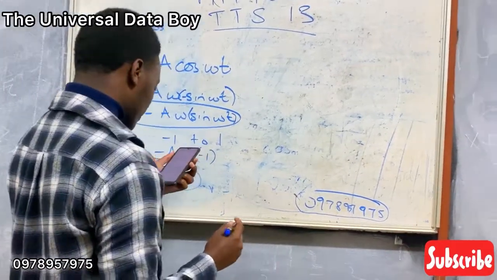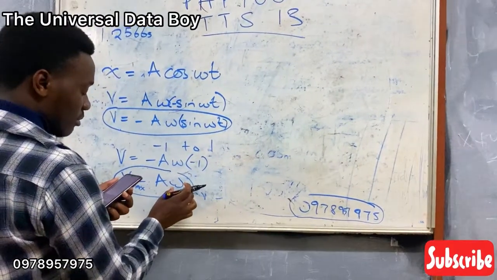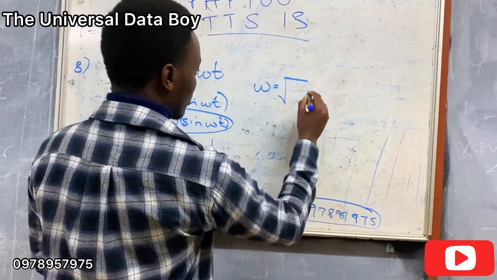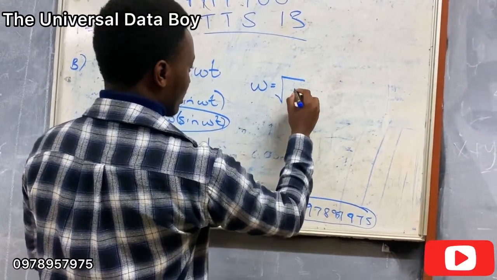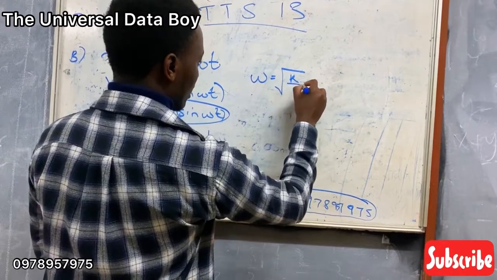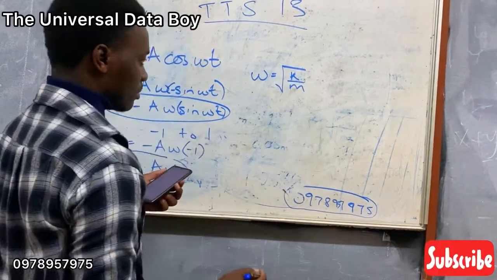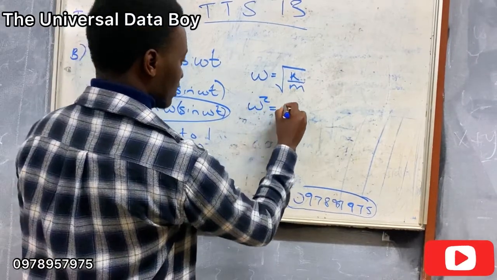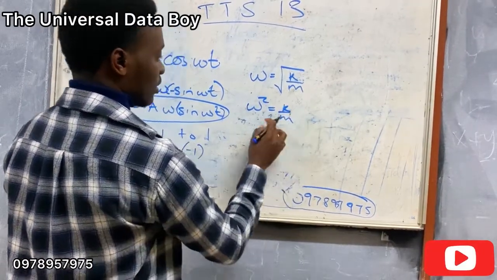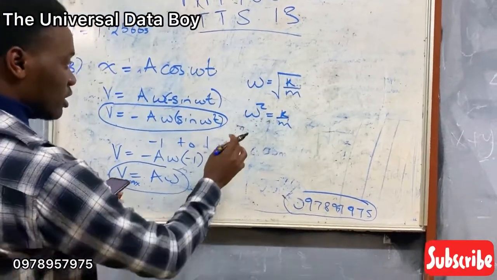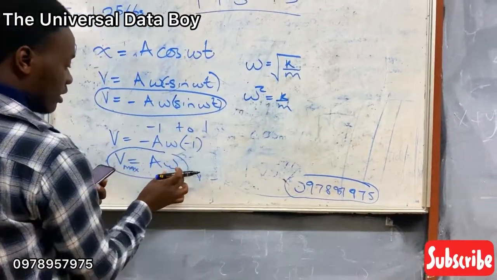So we have not found our angular frequency yet, but it's given by the square root of k over m, because omega squared is equal to k over m. So when you find the square root, it will give us this. We can use this formula to find the angular frequency.